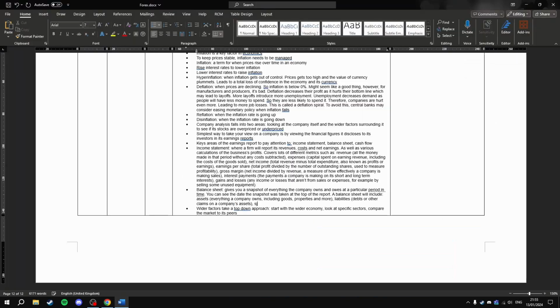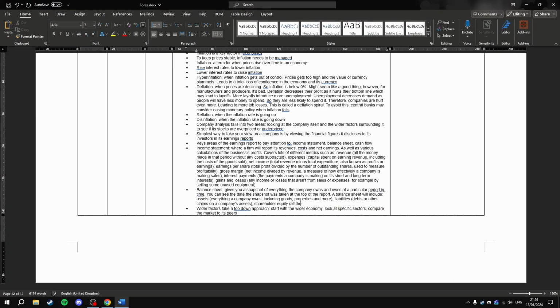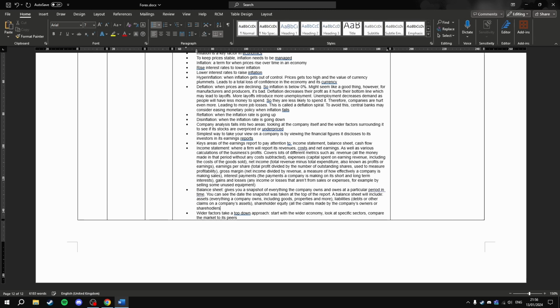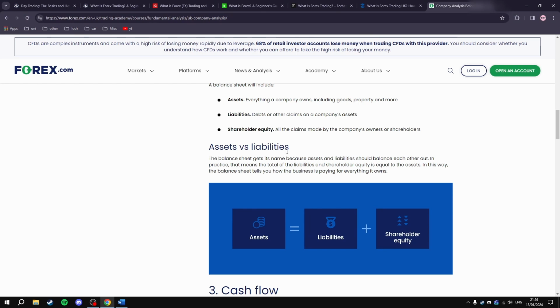Shareholder equity. All the claims made by the company's owners or shareholders. Assets versus liabilities.